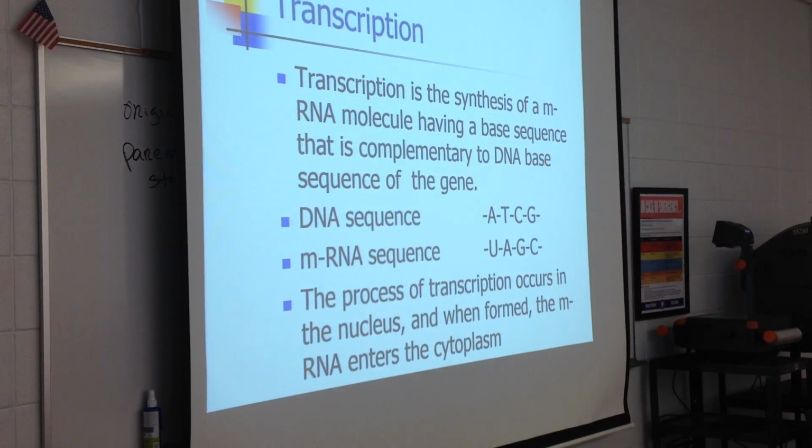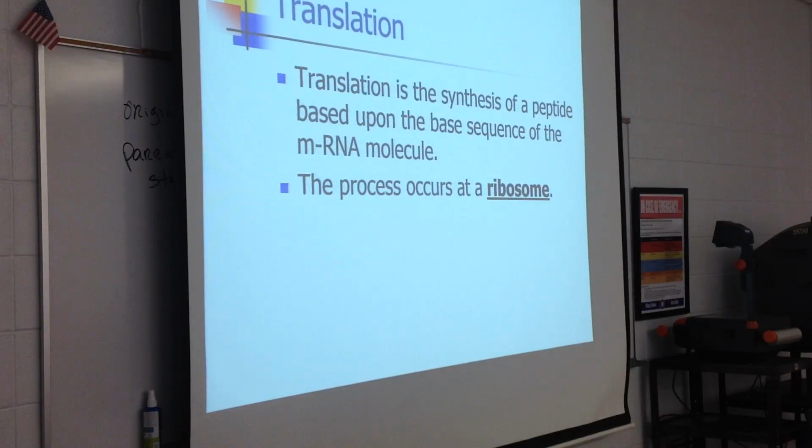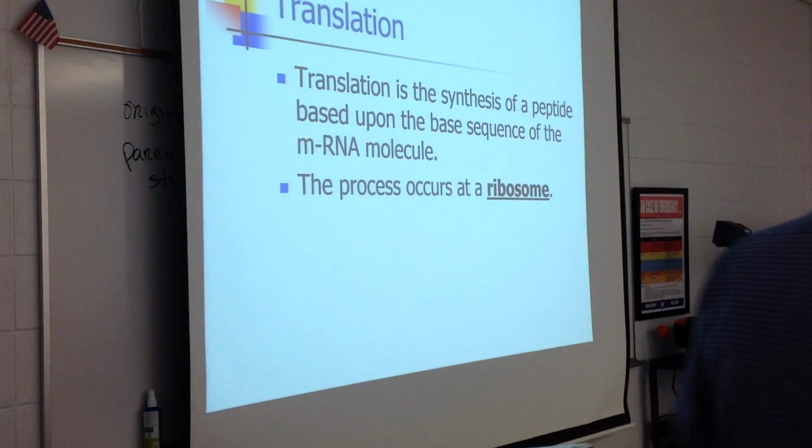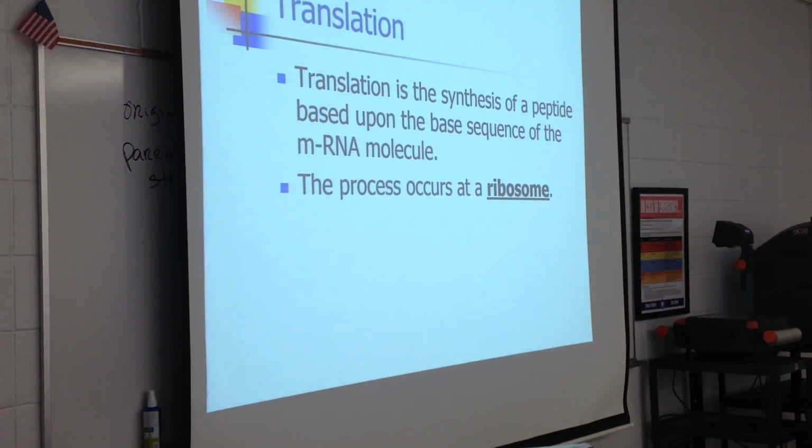Now, once it's formed, as we said, the messenger RNA goes out into the cytoplasm. It links up with the ribosome. And the next step of the process takes place, which is called translation. Translation is the synthesis of a peptide or a protein based on the nucleotide sequence of the messenger RNA.